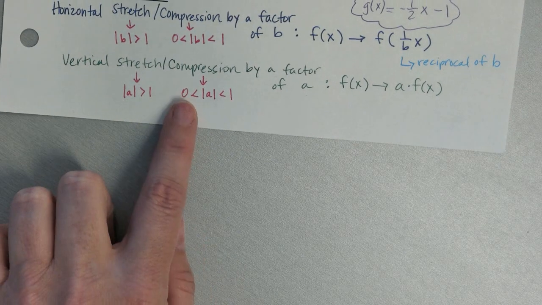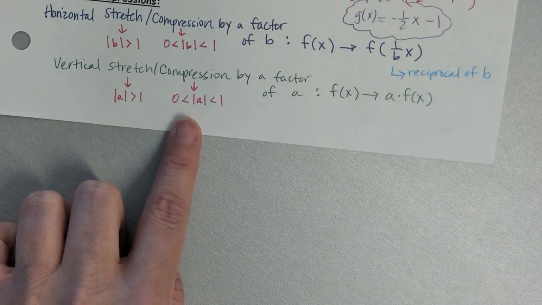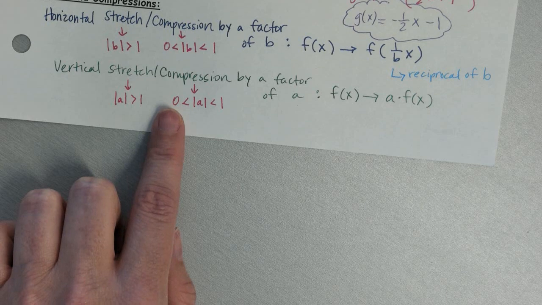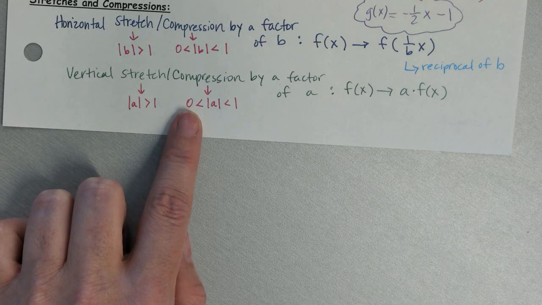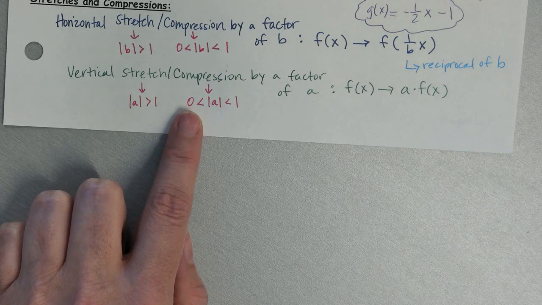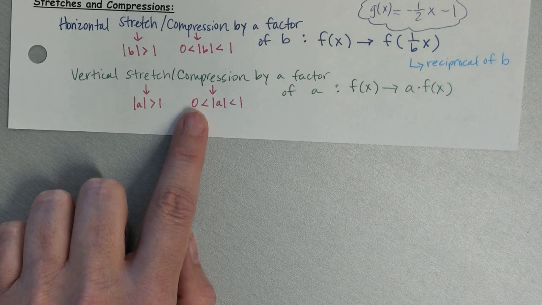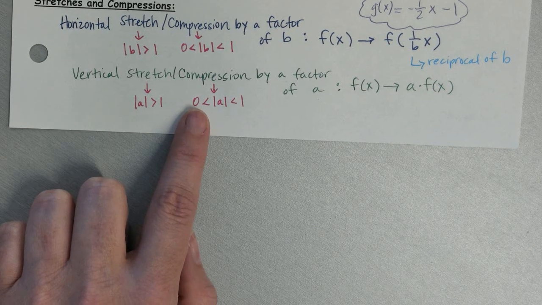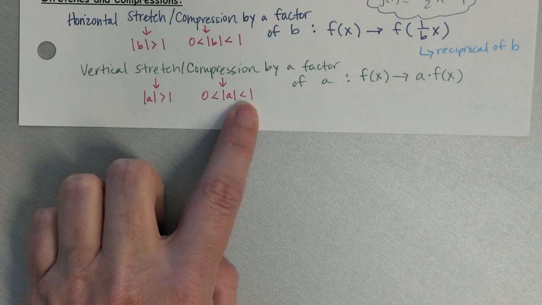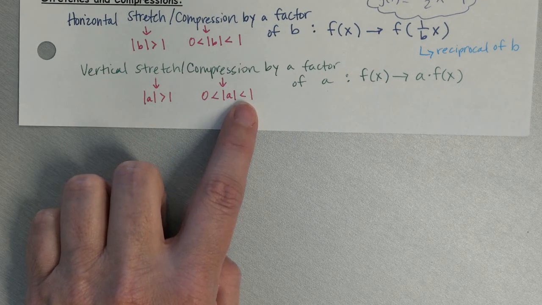Let's think about why you don't have the equal sign there. What would happen if you had a factor of 0? If you multiplied everything by 0, what would happen? You would just get 0, and that would completely change the value of the function. It would just be 0. And then if you multiply something by 1, what do you get?